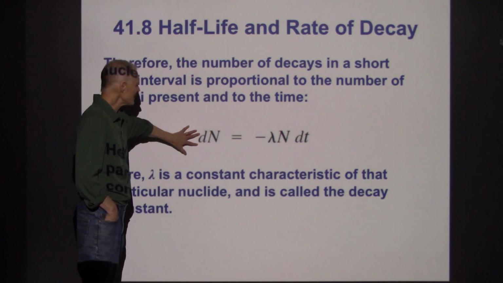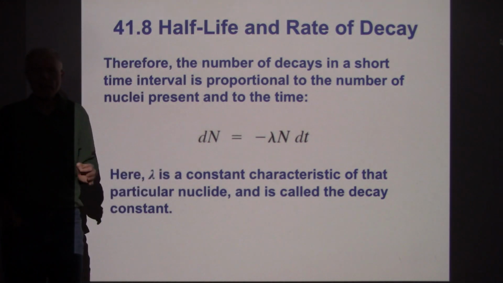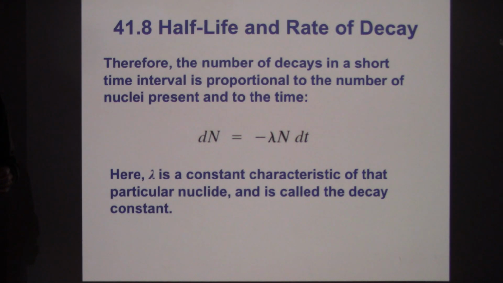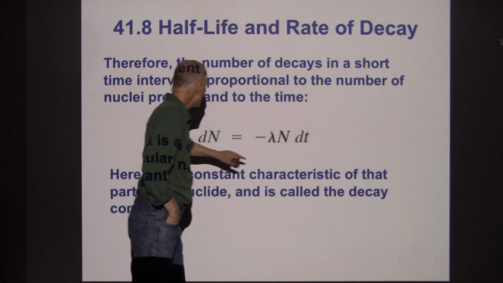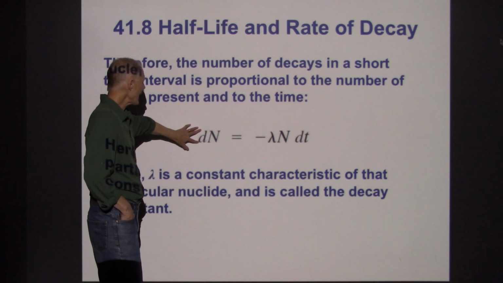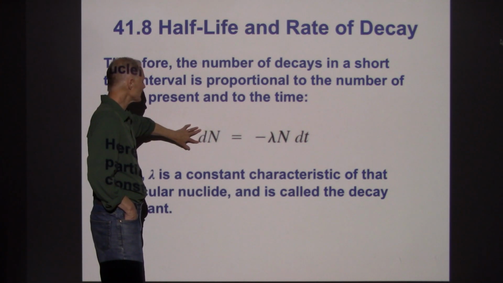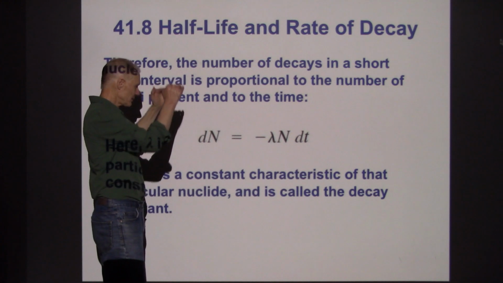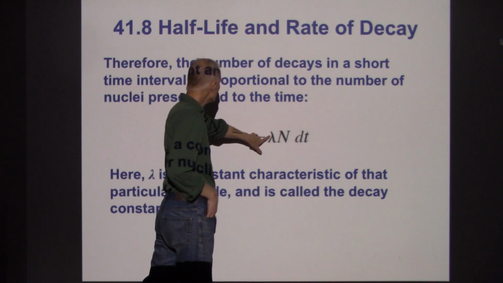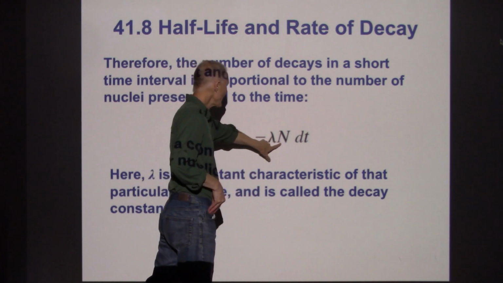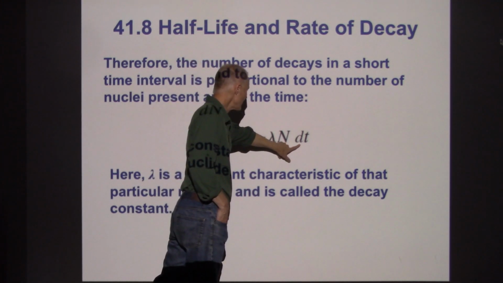What it says is that if I have n radioactive nuclei, so I have some number of radioactive nuclei n, then the rate at which that is undergoing decay, the rate at which n is decreasing, dn, is equal to minus some constant times the number times the time interval.